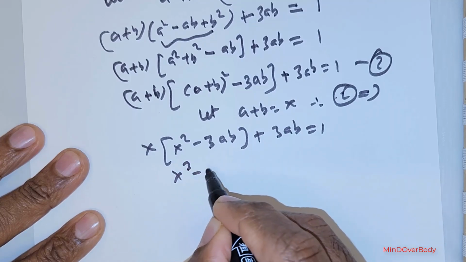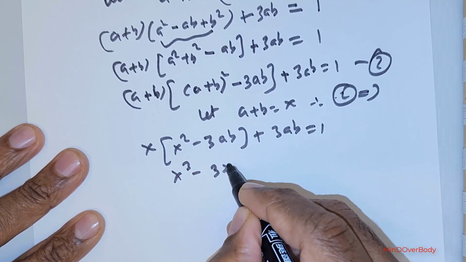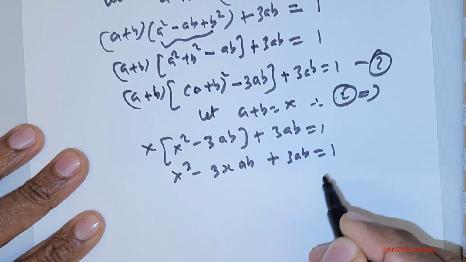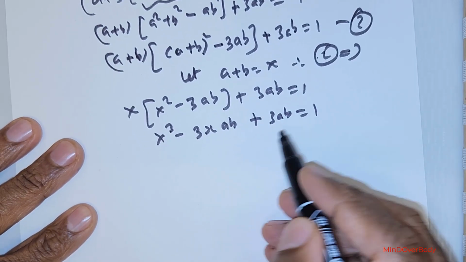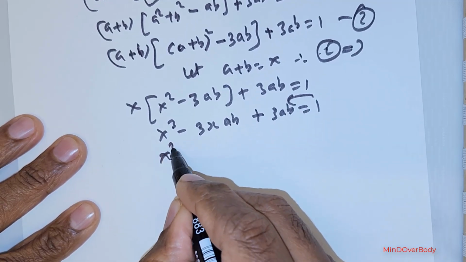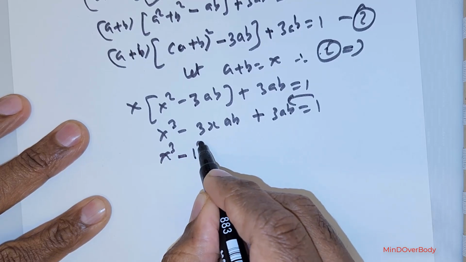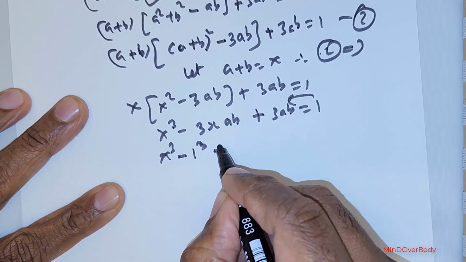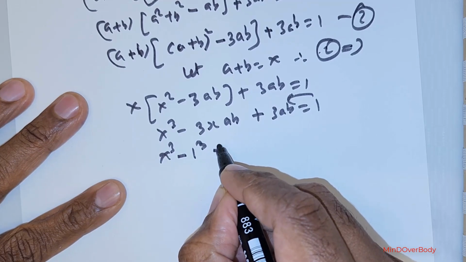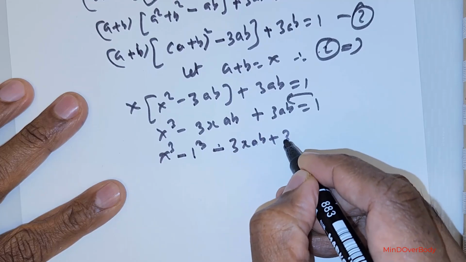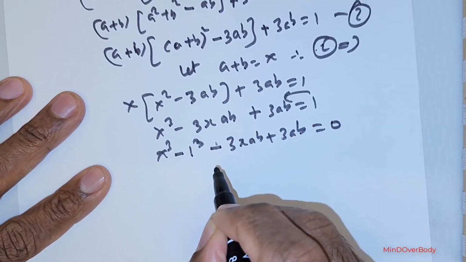Distribute x, you get x cubed minus 3 times x ab plus 3ab is equal to 1. Now I will bring this 1 to the other end. You will have x cubed minus 1, I'm going to write it as 1 cubed, followed by minus 3 times xab plus 3ab is equal to 0.